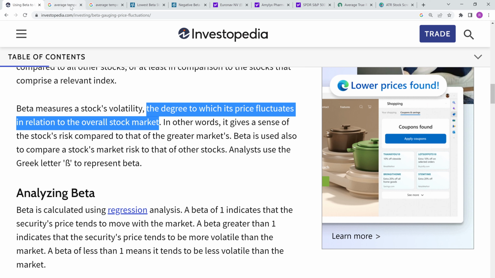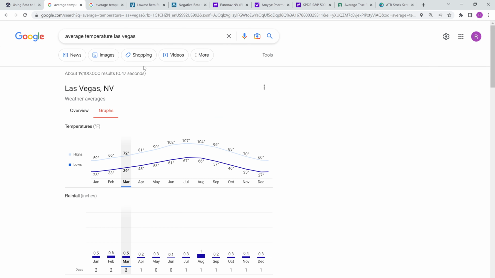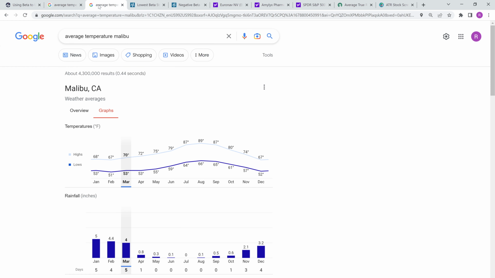As a comparison for the correlation, I was doing temperature versus month of the year. The average temperature in Las Vegas versus the average temperature in Malibu.